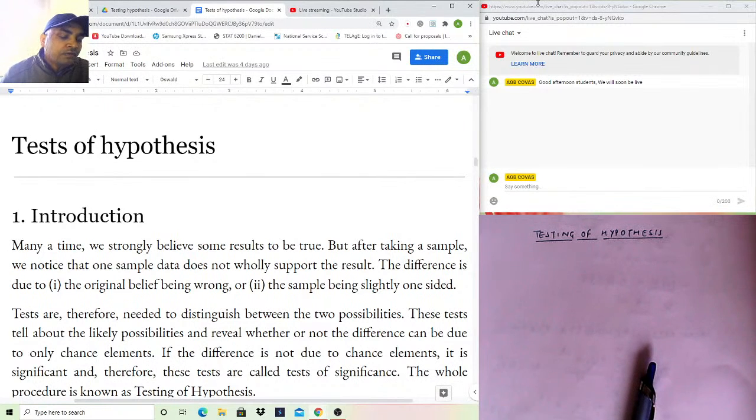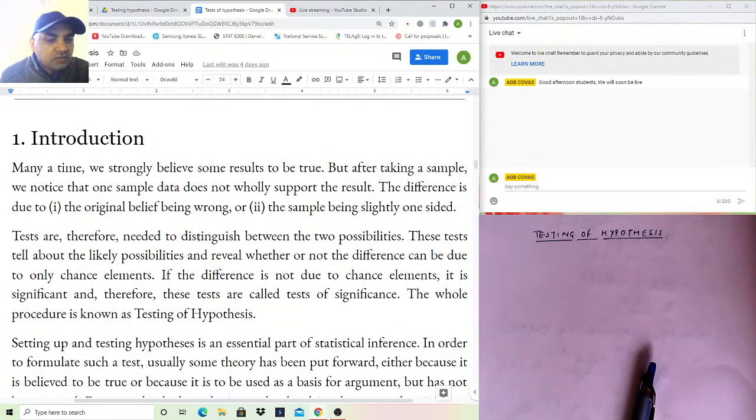So today we will be going to learn about the tests of hypothesis. So what is this test of hypothesis? Many a time we strongly believe that some results are true. That is, we did some experiment, and we find some results, and we believe that yes, these results are true. But after taking a sample, we notice that one sample data does not wholly support the result.